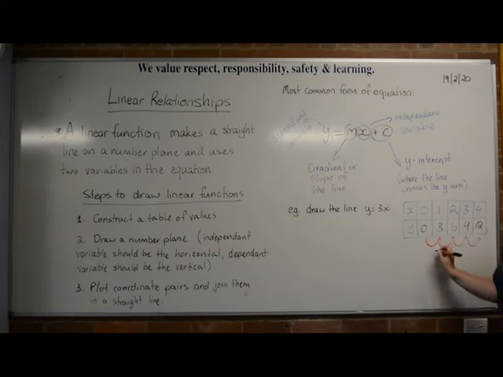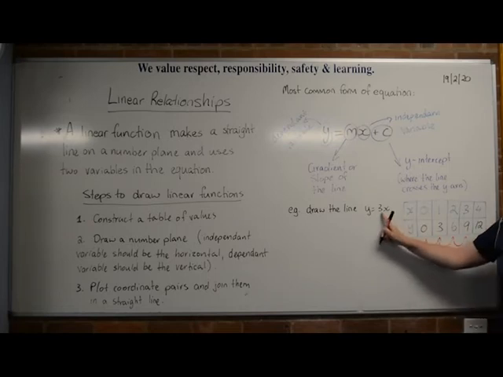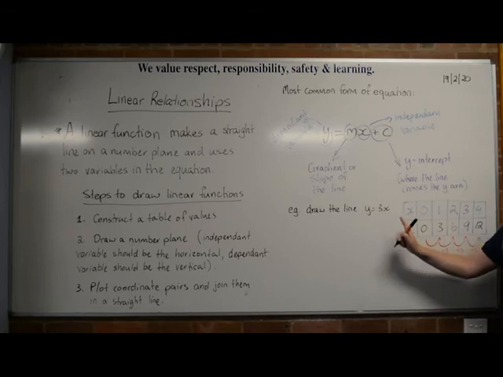Goes up by 3 each time. That pattern of what it goes up by should match whatever the m value is. So you know you've made a mistake if this pattern and that number there aren't matching.